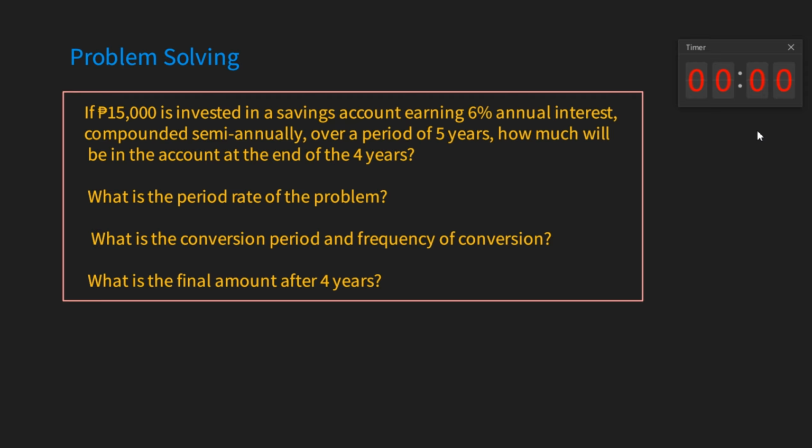So the question is, what is the period rate of the problem, what is the conversion period and frequency of conversion, and what is the final amount after 4 years.